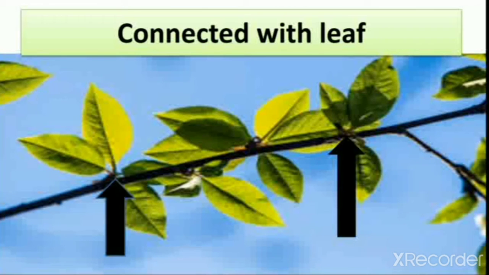Now, here you can see the picture of one plant in which leaves are connected with stem. Again the brown part is stem and the green part is leaf which is connected with stem. So stem starts growing from soil and connects with roots. Then stem connects with leaf.